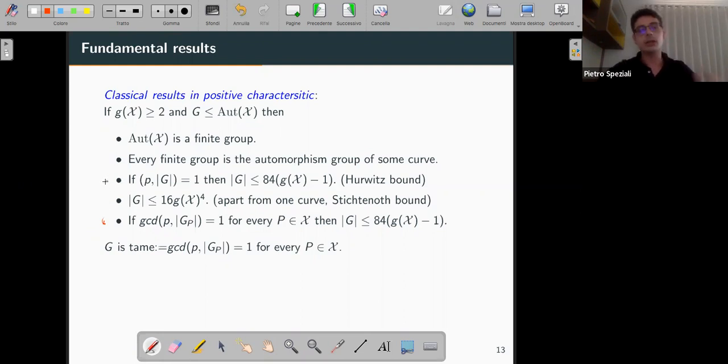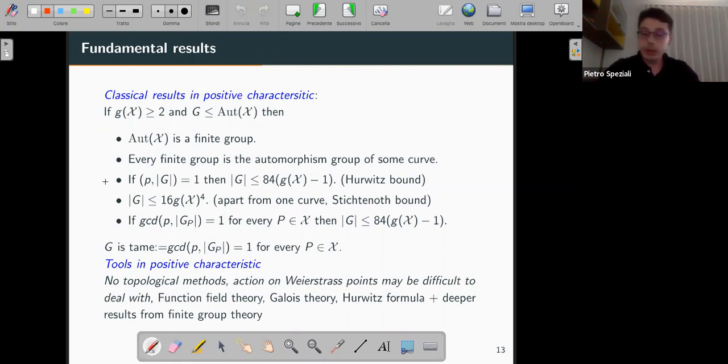If you have no p-group fixing some point on the curve, then the Hurwitz bound holds. We say that G is tame in this case, when the GCD of the characteristic and the stabilizer of any point of the curve is 1. So for a tame group the Hurwitz bound holds, and we are in a characteristic 0-like case.